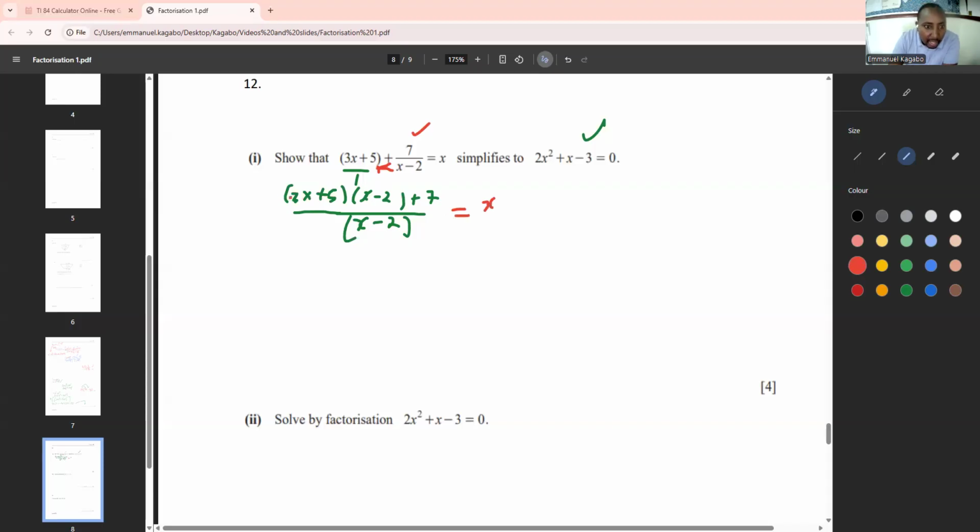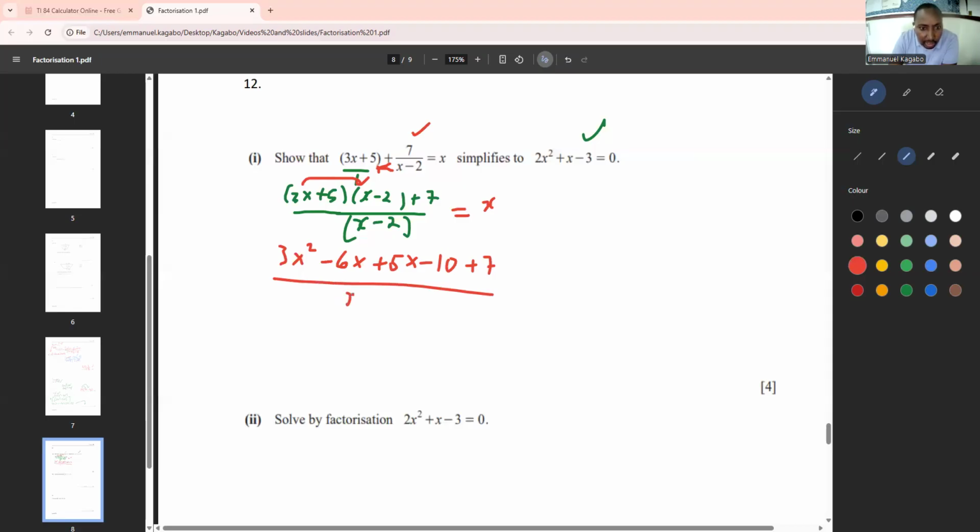Now, when I open the brackets, what do we get? 3x times x gives me 3x squared. This one gives me minus 6x. I'm opening the bracket, right? I hope you see what I mean. And again, minus 2 times 5 gives plus 5x, then minus 10 plus 7. Good. What do we have here now?